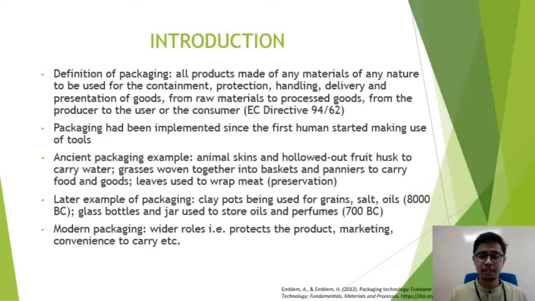A later example of packaging that we can see is the clay pots that were used to store grains, salt and oil, and in later centuries, glass bottles and jars were used to store oils and perfumes.